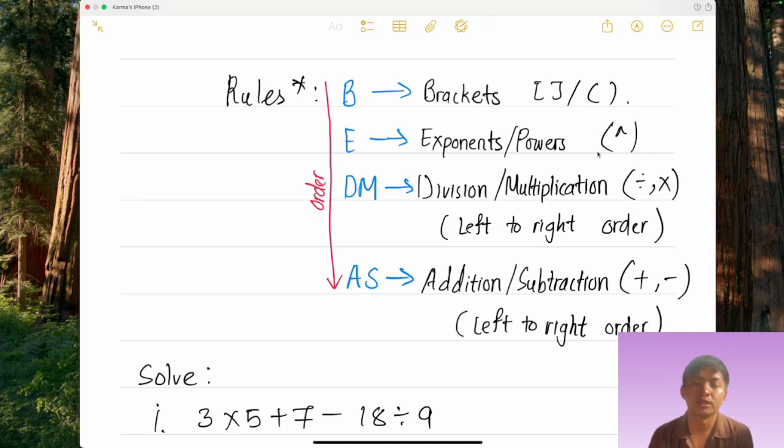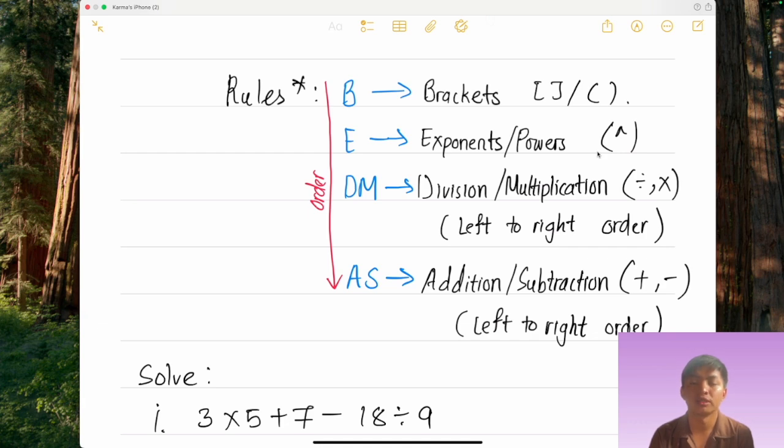Next, we solve anything that has an exponent or powers, and then we move on to division and multiplication, and the way we solve them is from left to right.